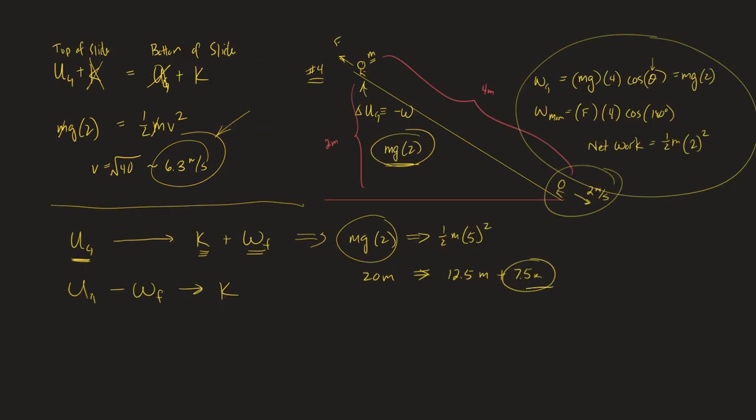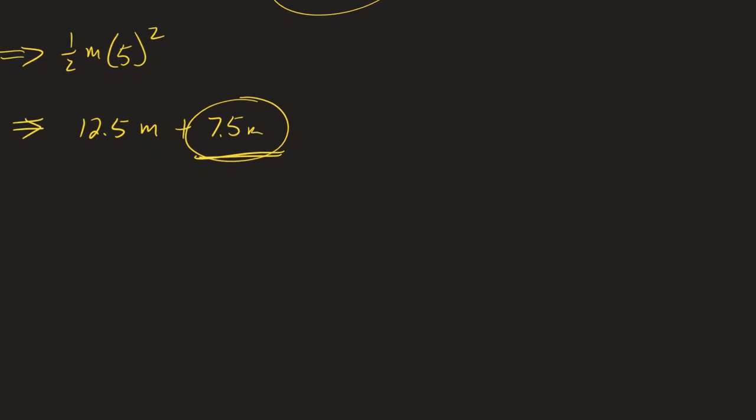If we assume that this is the amount of work done by friction, then the work done by friction is still going to be the frictional force times the displacement along the slide times the cosine of 180 degrees. Be careful here.